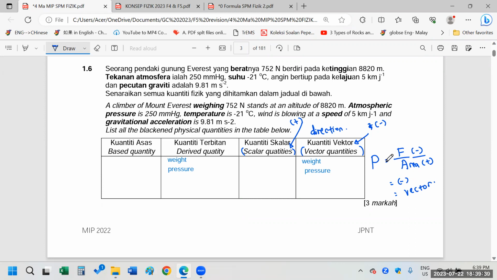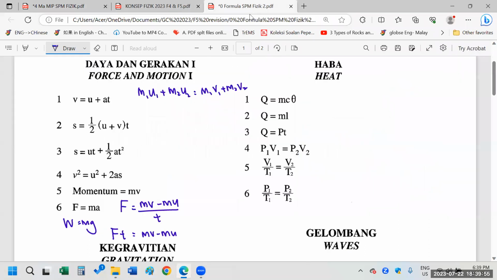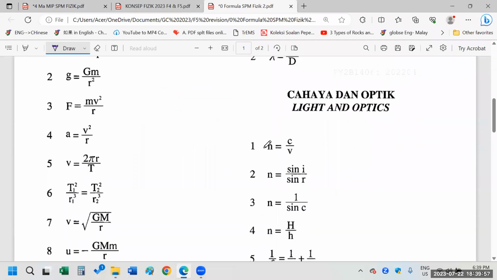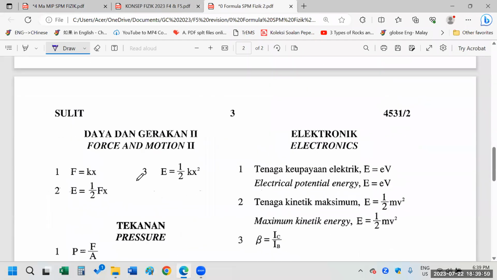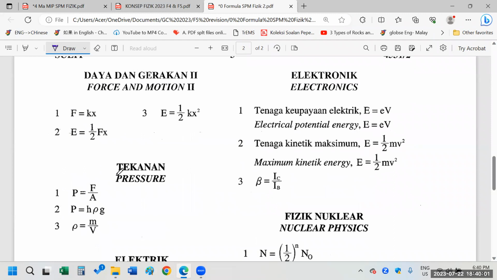Okay, then what else? For example, density. Let's say density equals mass divided by volume. This formula is in Form 5, Chapter 2.